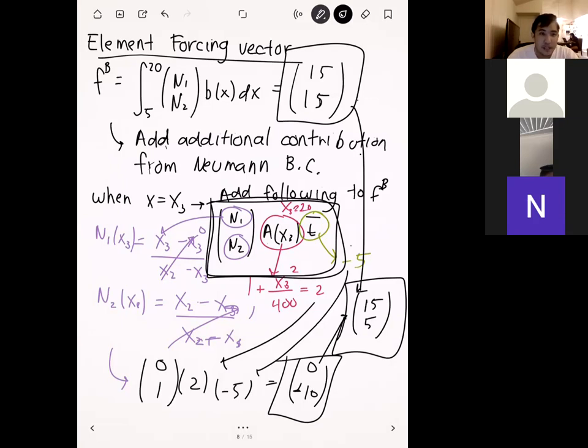Because it comes out naturally from the problem, we have to add it in this way. We don't simply add the condition over to the end, as we did before. Even though we had a Neumann boundary condition of 5, we end up adding a -10 for this one, because you have to combine the Neumann boundary condition with the shape functions and the area to get the proper one.